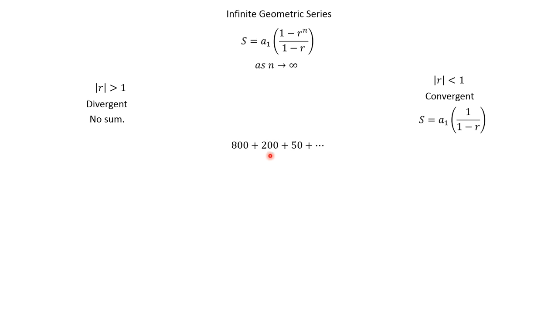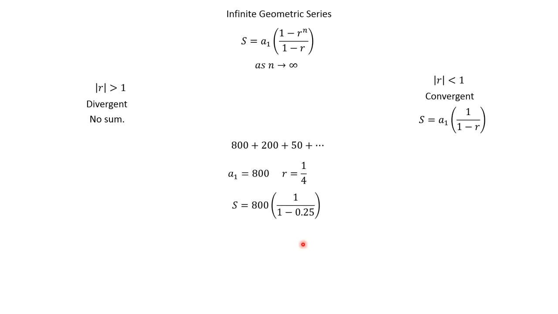Let's go 800 plus 200 plus 50 plus dot, dot, dot. We only need two things here. We need the first term, and we need r. The first term is 800. It's right there, first. And then r, how do we get from 800 to 200? From 200 to 50? We divide by 4, or multiply by 1/4, or 0.25. When you put it into the equation, 1 minus 0.25 might be easier.